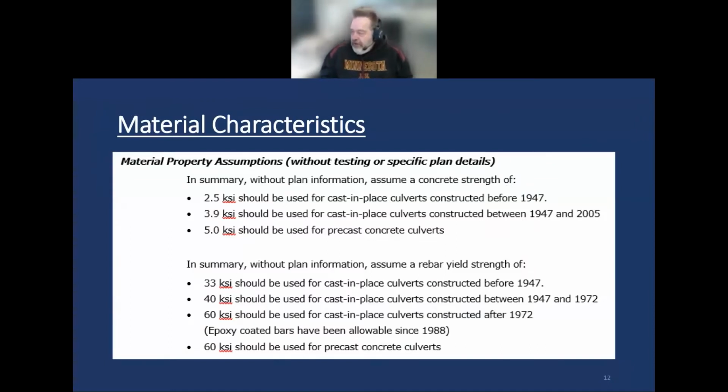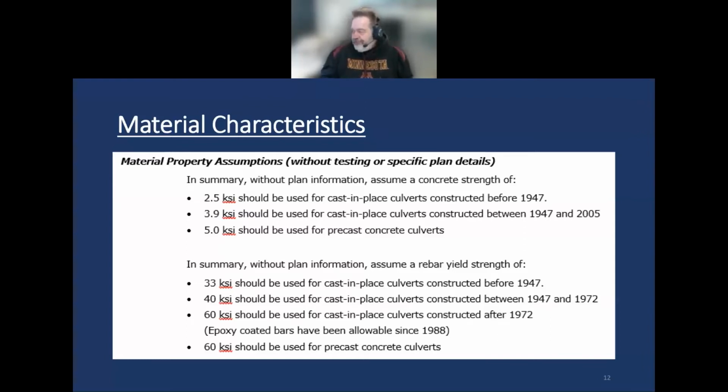Ursula went through the standard specs for construction in Minnesota and found all the specs going back to the formation of the highway department back in the day. And so after distilling all that information, we basically came up with just a few recommendations.